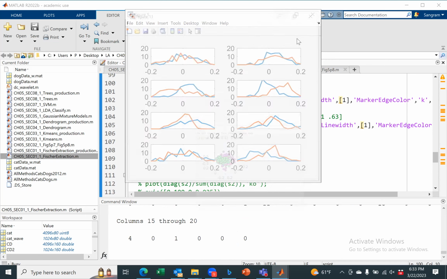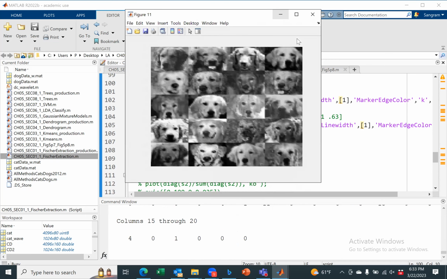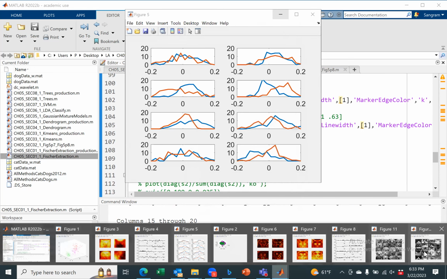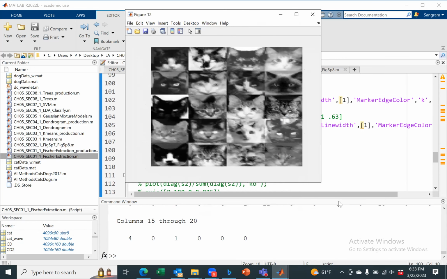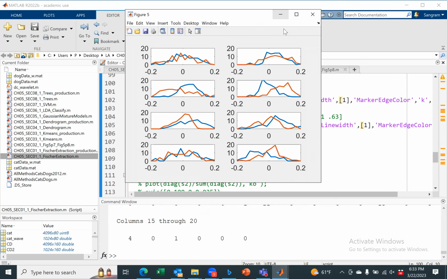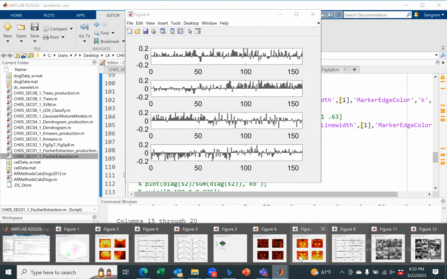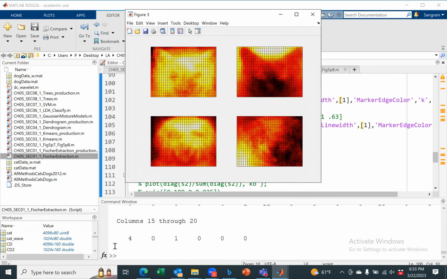So first thing I want to show you is we have these images of dogs, and we have these images of cats. And we are performing analysis on these two images. And we have two choices. We can look at the image based on just principal component analysis, PCA.